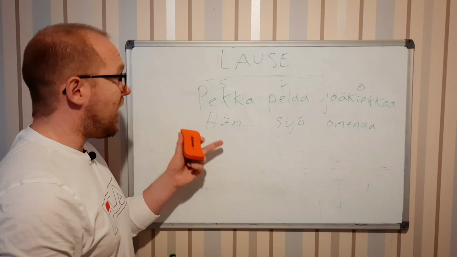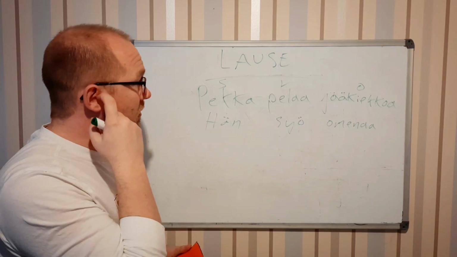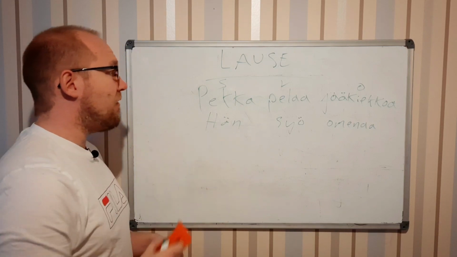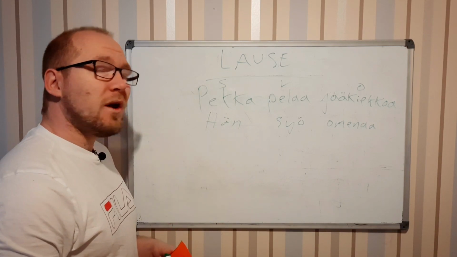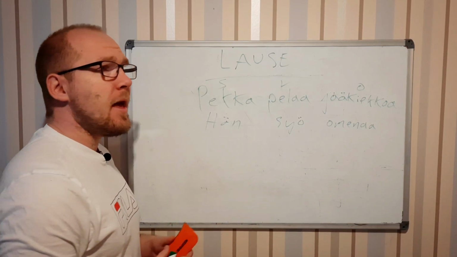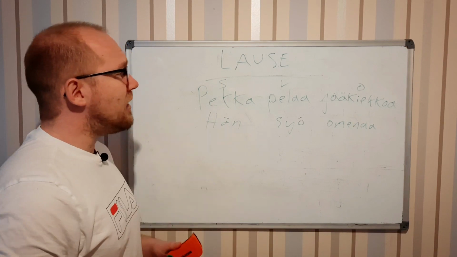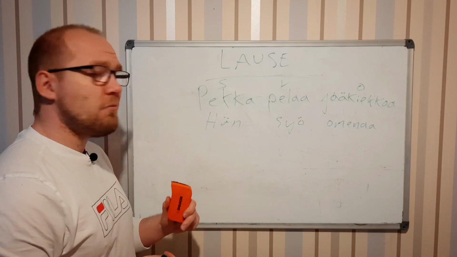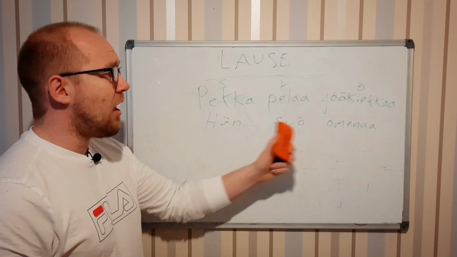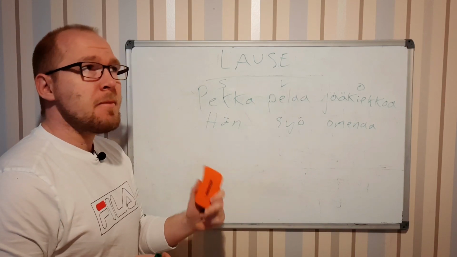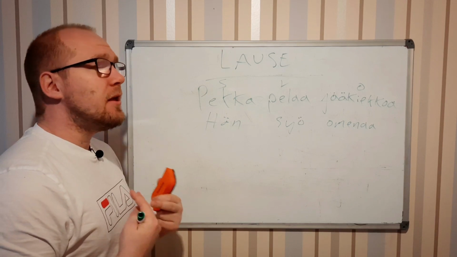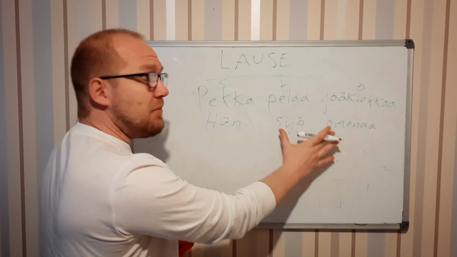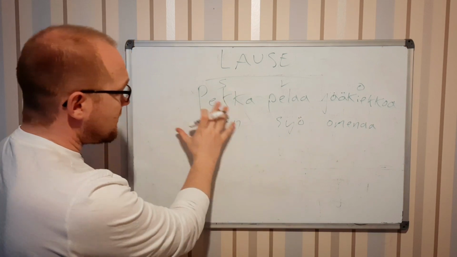Okay, we have now hän syö omenaa. So we have Pekka, we have hän. What else can we do? Add more. What if there is a Pekka's sister or mother or father eating an apple or playing ice hockey? Then we have to start thinking, okay, let's keep these here, and let's change these a little bit.